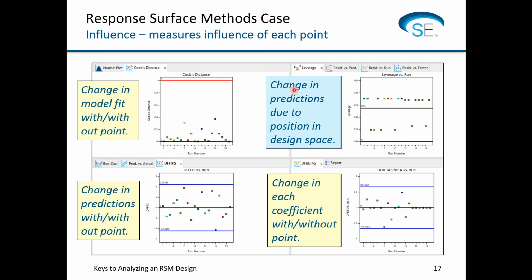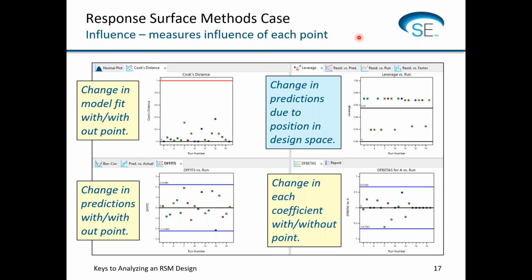So each of these influence graphs measures the amount of influence of each point. Now, first a comment about influence. A high influence point does not mean it's a bad point. If you in your group of friends have high influence on your friends, is that a good thing or a bad thing? Well, it depends.